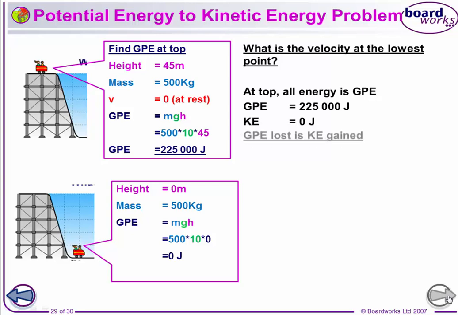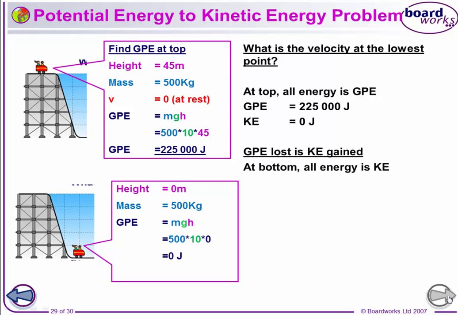Now, the gravitational potential energy lost is equal to the kinetic energy gained. So at the bottom of the ride, all the energy is now kinetic energy. So that kinetic energy is what the potential energy was before, 225,000. Now the gravitational potential energy is equal to 0. Kinetic energy is 225,000. It's equal to half mv squared.